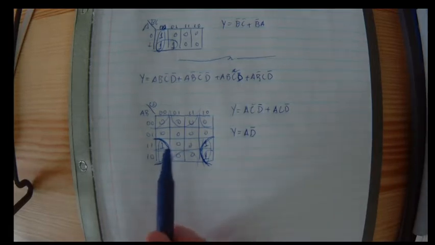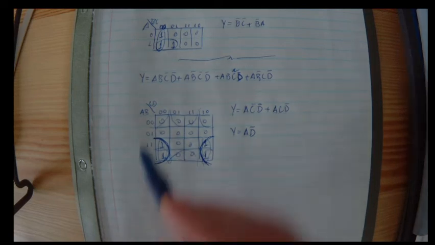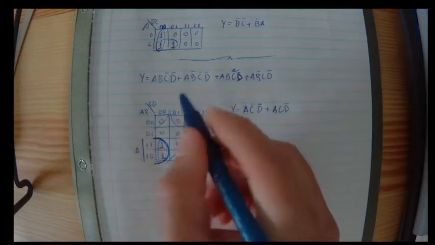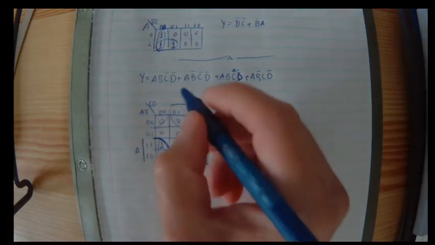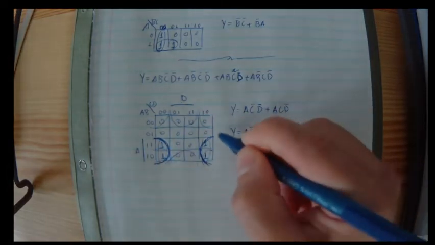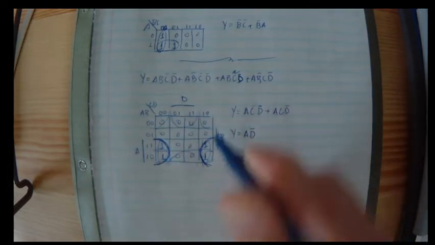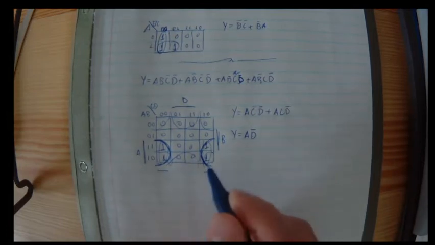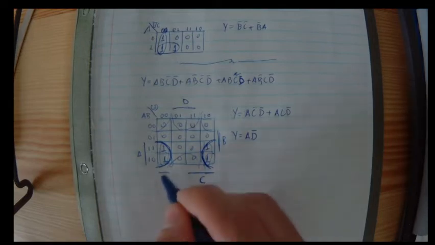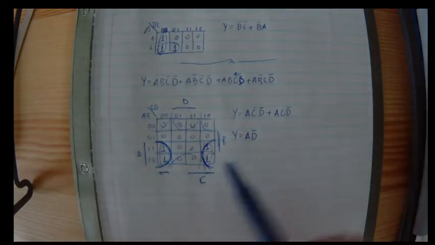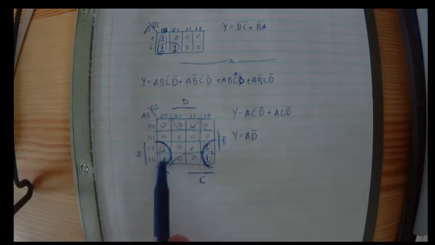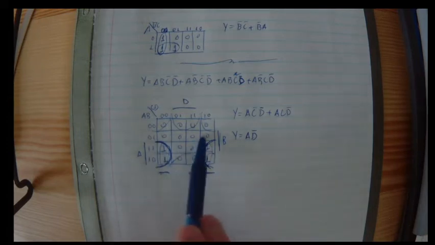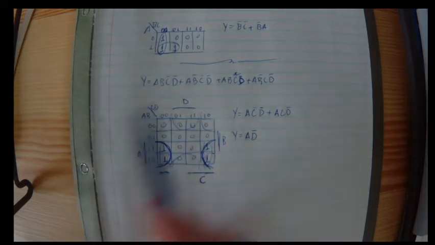Another thing that I want to point out on these Karnaugh maps for 4 variables is that you can see that this is A and this one is complement of A. Here is D, here it's B, and here is C. Can you see that we have these regions where this is true, this is A, this is B, and here is complement of A, and here is complement of B. So we have these regions that you can see.